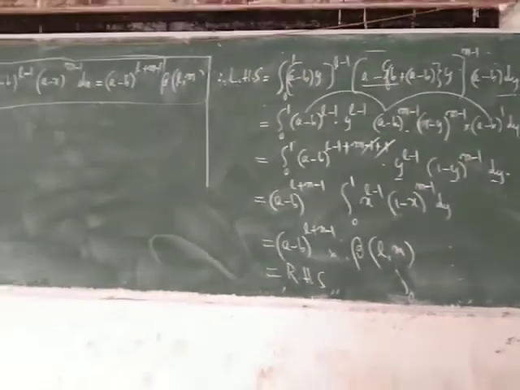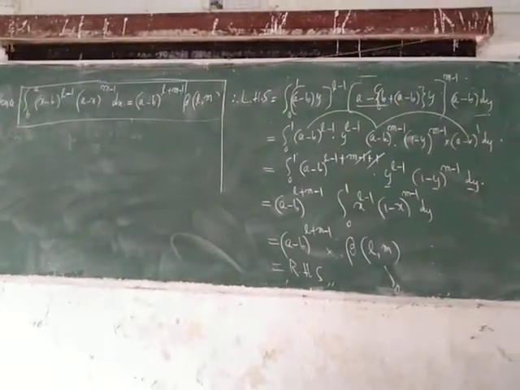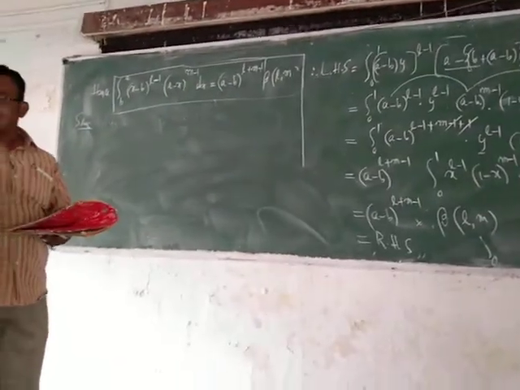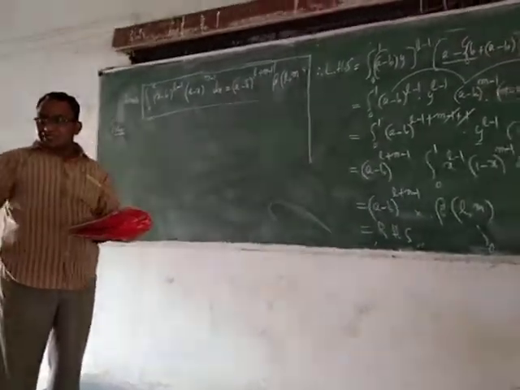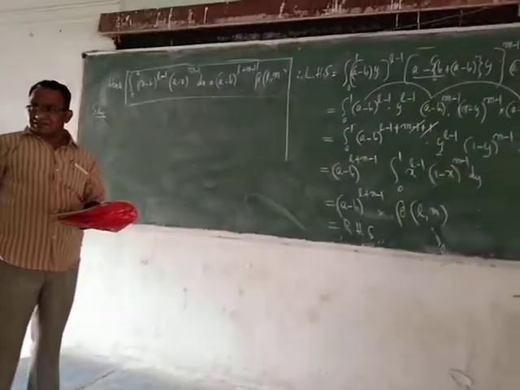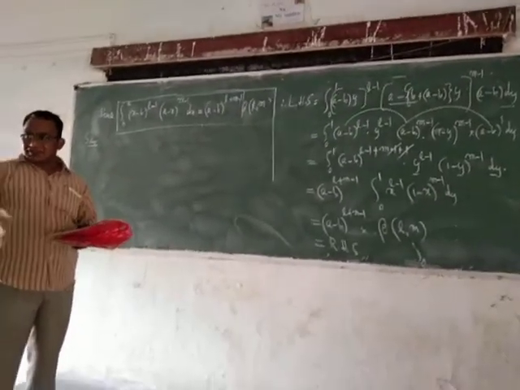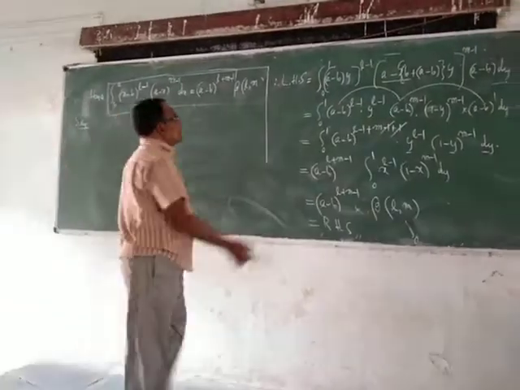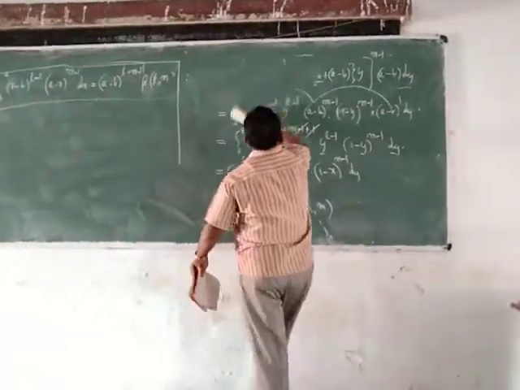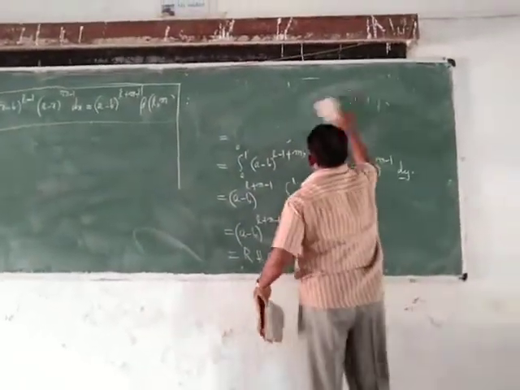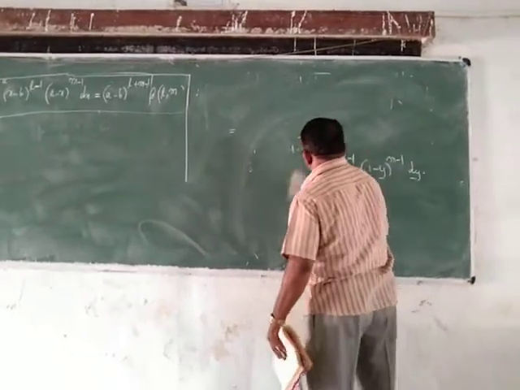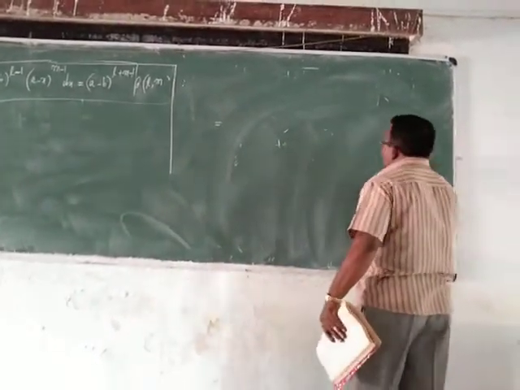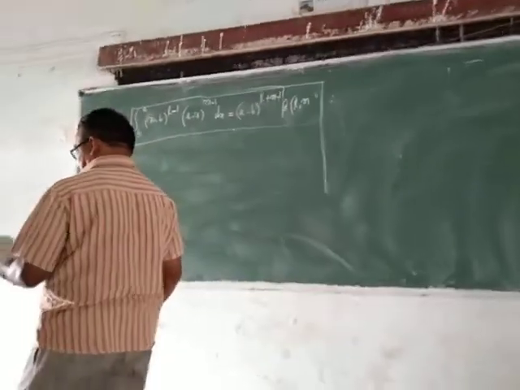Okay. In the previous example also, you do one thing, integral from 0 to a you take. That would be correct. In the previous example, integral from 0 to a. Okay. With this, let's go to the next example here.